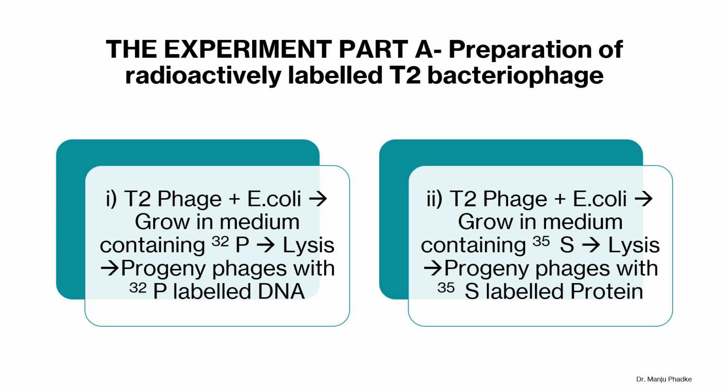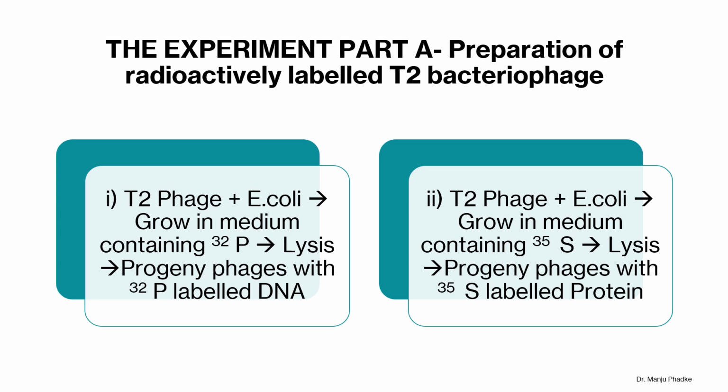Now when the phage has infected the host and has entered into the lytic cycle, the phage will utilize the entire host cell machinery to complete the lytic cycle and make the progeny phages. So in part A of the experiment, this was again conducted in two steps. In the first step, they took T2 phage and mixed it with E. coli.